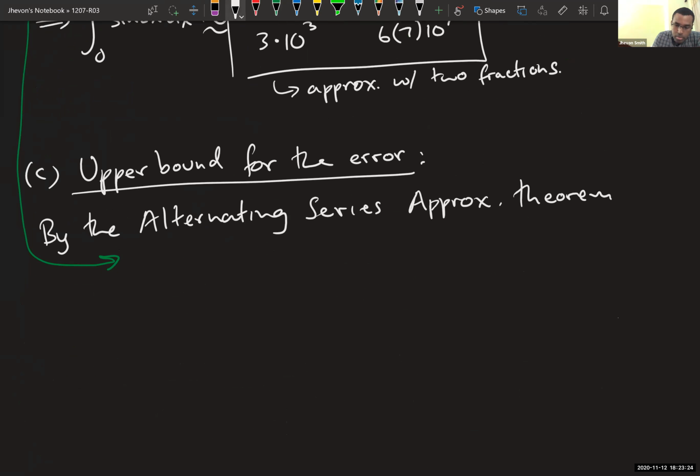So it basically means that S minus S2, technically it's always S minus Sn. So S minus S2 is going to be less than or equal to the magnitude of A3, where A3 here is the third term.